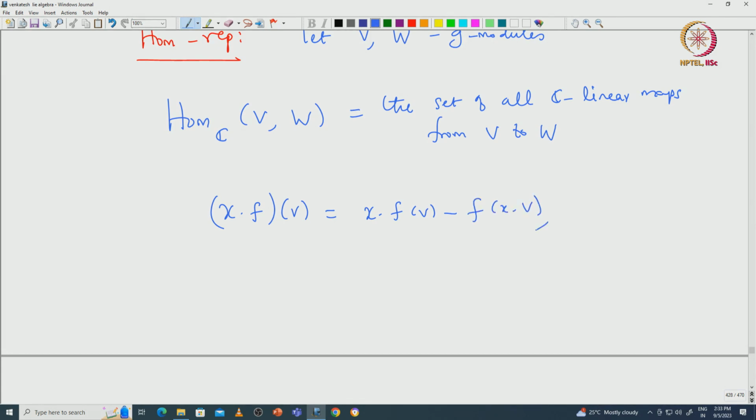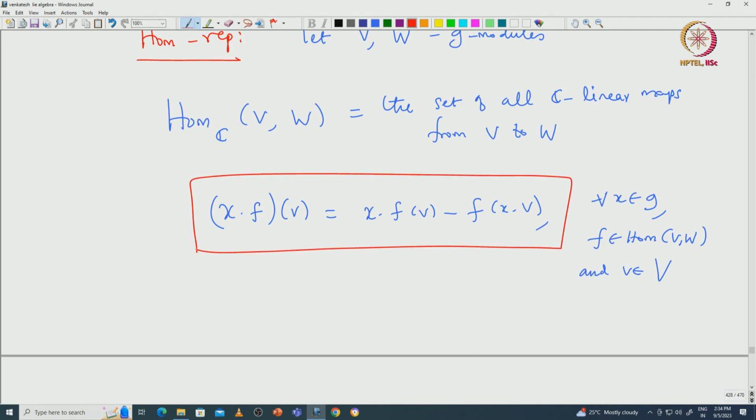This is for given x in G, f in Hom of V comma W and v in capital V. This is something we already checked: it defines a G action on Hom of V comma W, and this makes Hom of V comma W a G module.